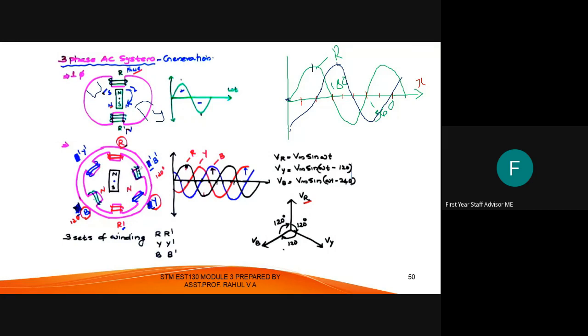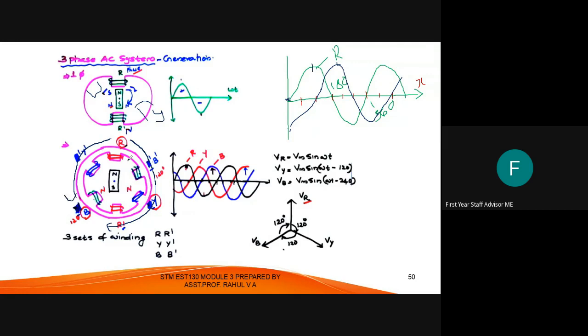And now I can say that with respect to the R winding, if you observe, it is placed 120 degrees away in the clockwise direction. But if you take the anti-clockwise direction, it is placed minus 120 degrees away.